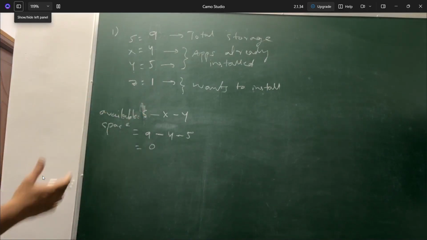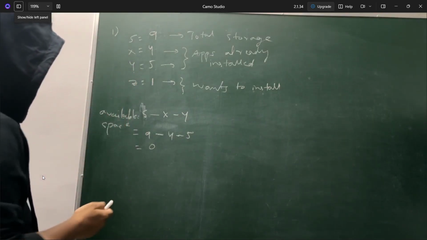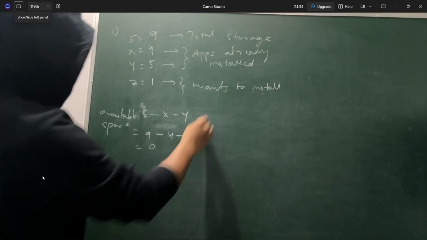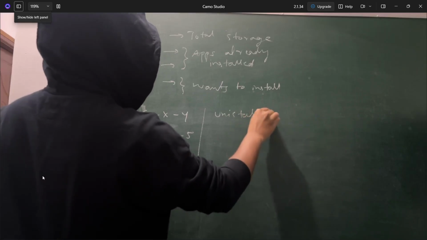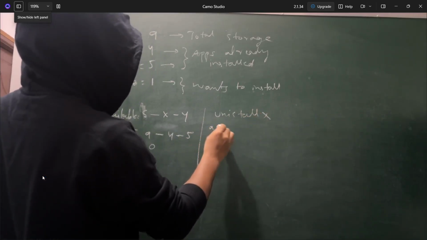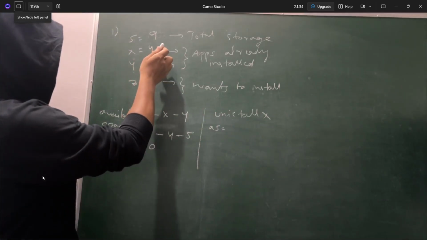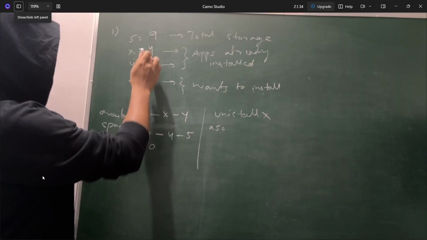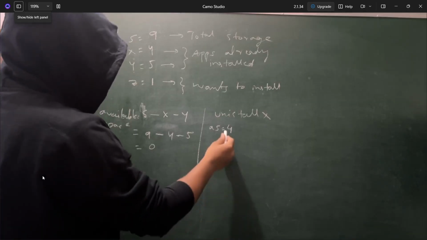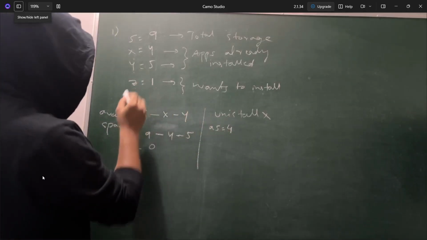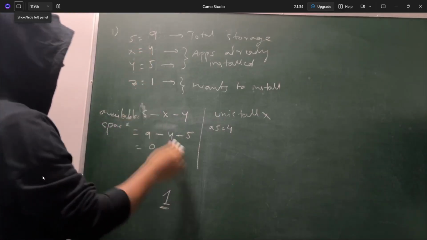What he can do is uninstall either X or Y. Let's say he uninstalls X. Then the available space will be 4, right? Because if you uninstall this, its size will be freed and become available space. Now the available space is 4 and he may install Z. So in this case he needs to uninstall one app.